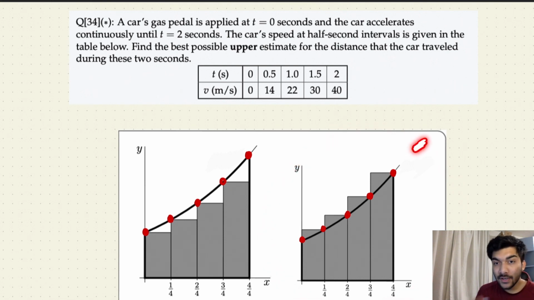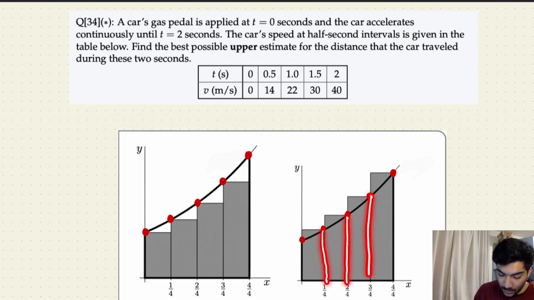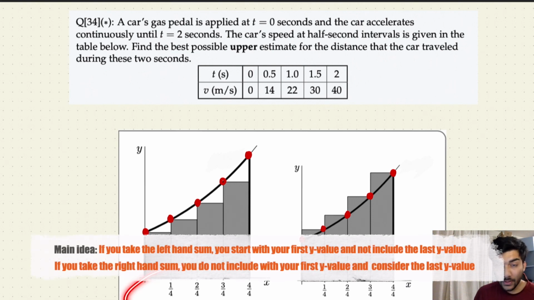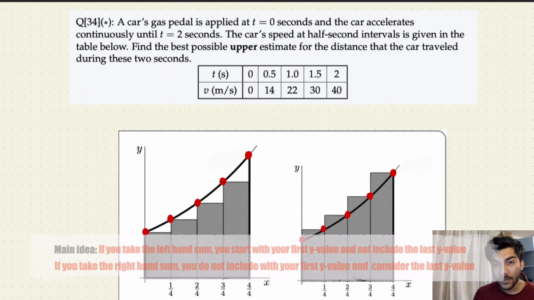But in the other case, when I'm calculating the overestimated area under the curve, the height of my four rectangles are given by the y values taken with respect to my last four x values, right? So that is the difference between an underestimated or the best possible lower estimate and the best possible upper estimate given by the left hand Riemann sum and the right hand Riemann sum in this case.